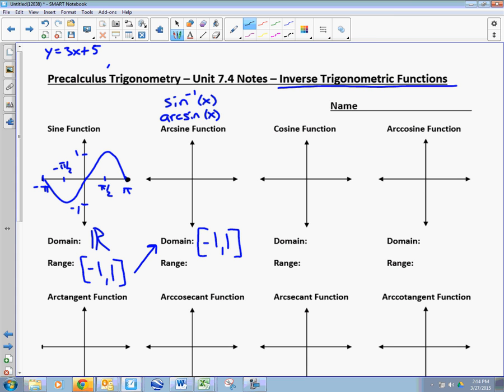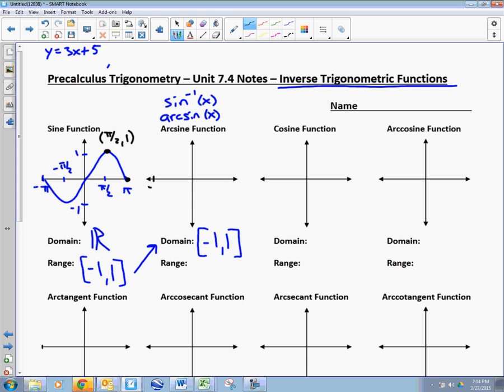I'm going to start it as a height of 1, so I'm going to focus on this coordinate right there. That is a coordinate of pi over 2, 1, correct? So therefore, what will be the coordinate of arc sine? 1, pi over 2, correct?